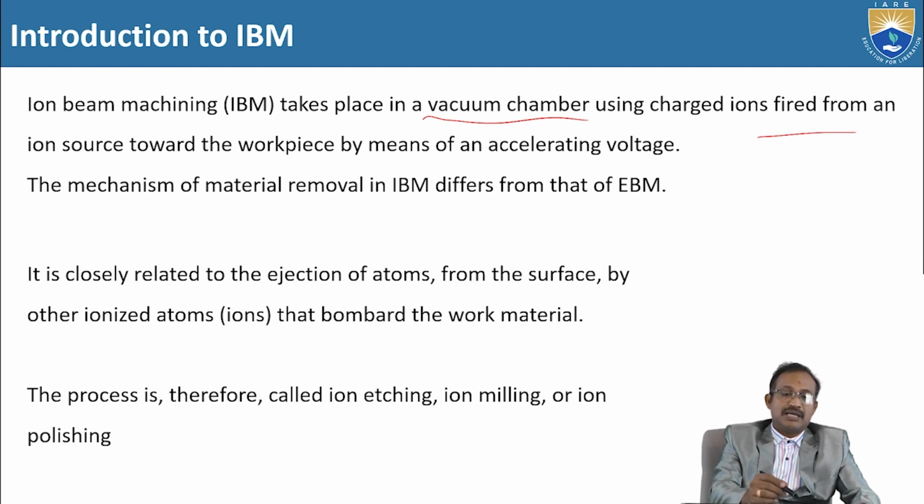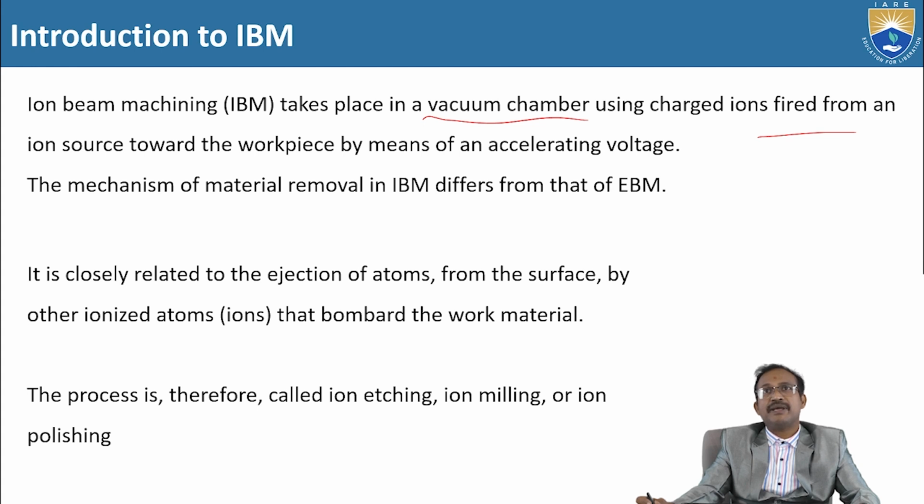The mechanism of material removal in ion beam machining differs from that of electron beam machining. So the setup is the same, but the mechanism of material removal is different.